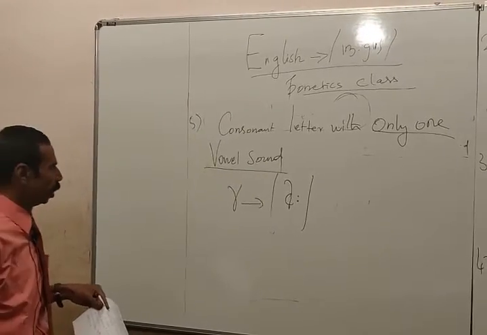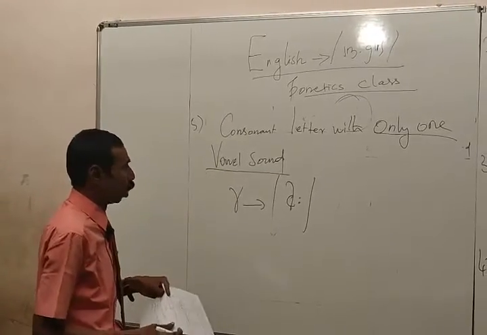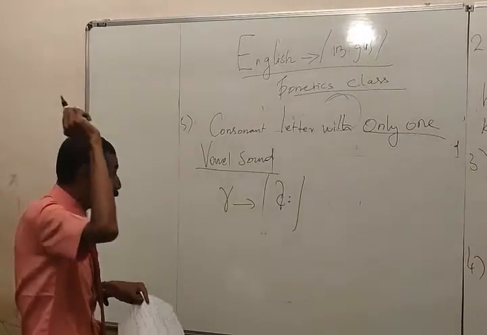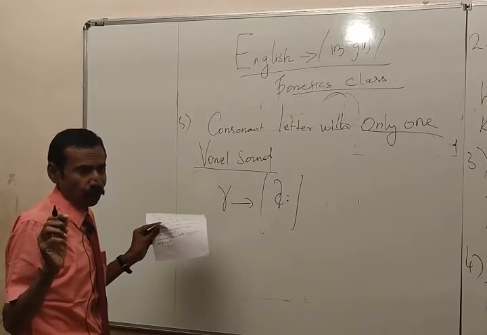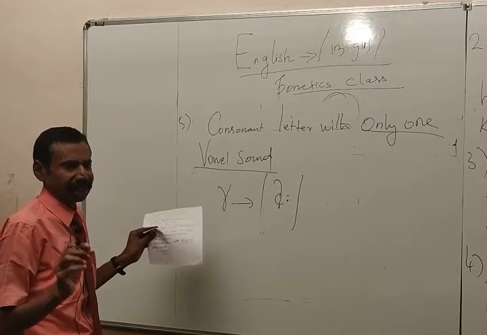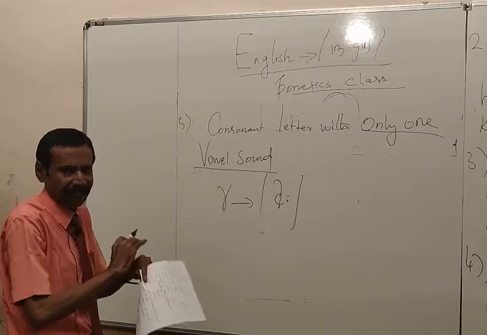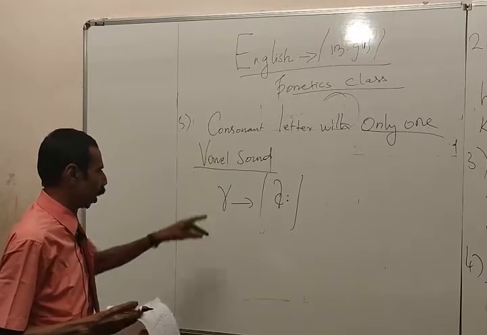The 5th one is a consonant letter with only one vowel sound in English. In no way will you find such a thing in any other language. In English alone we have it.